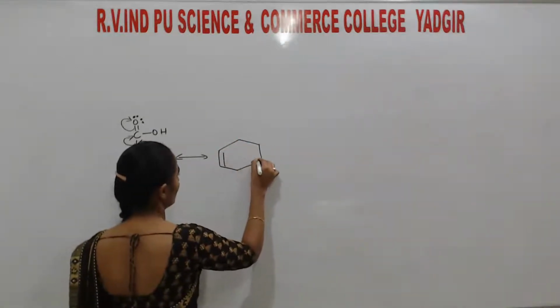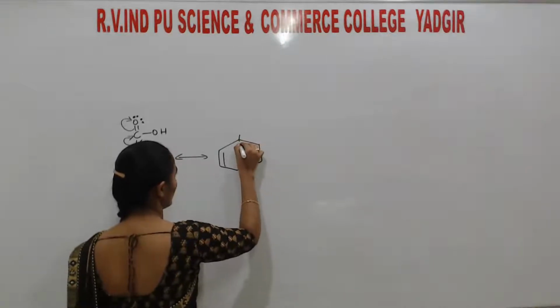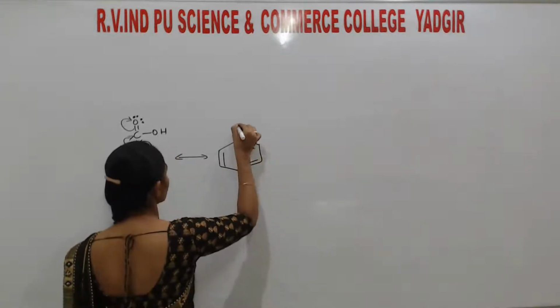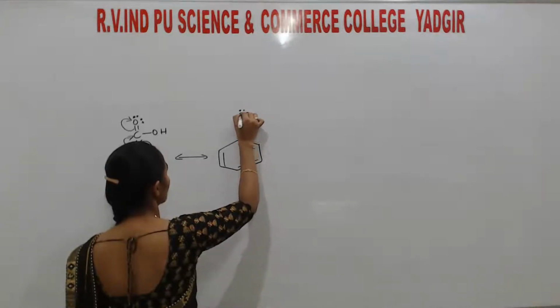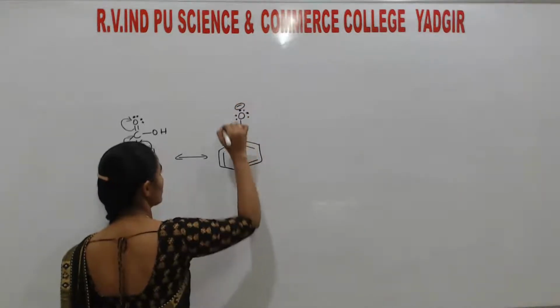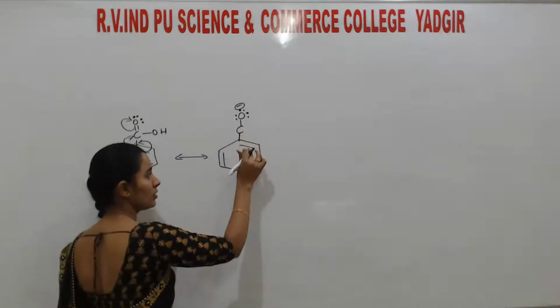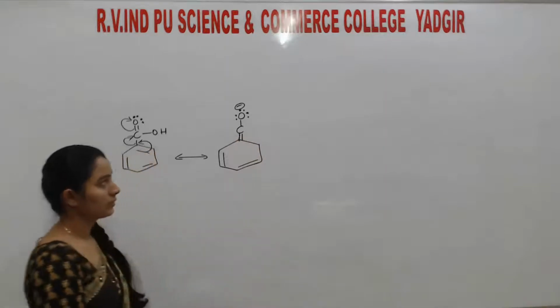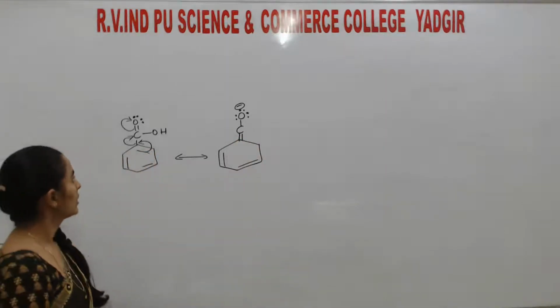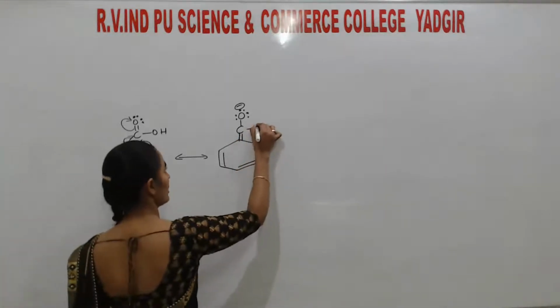Okay, I take a double bond here, single bond, C single bond O. Here this type of electron with the minus charge. Here plus will come. So here the electrons are displaced. This is OH.